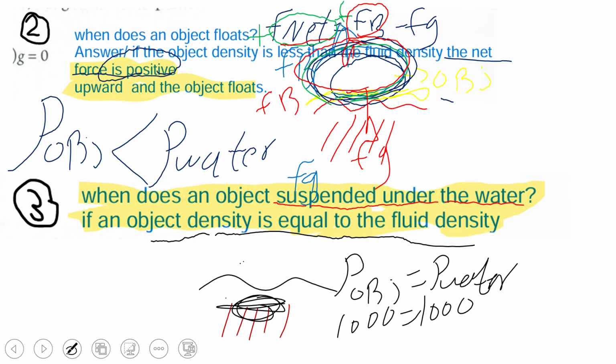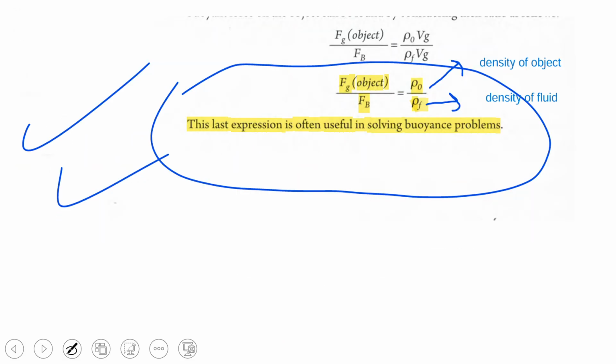This example is important to understand. One thing is left. We have this rule to solve examples, which is important. Students, look.